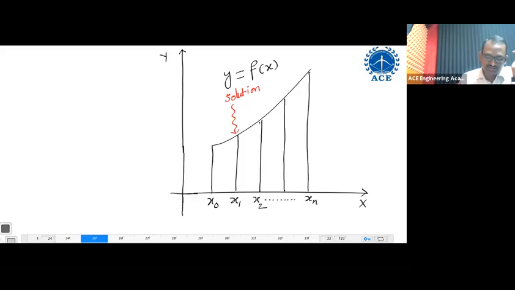And tell me the points. This point is x is equal to x naught. If I take x is equal to x naught, y is equal to f of x naught. F of x naught is also written as y naught.